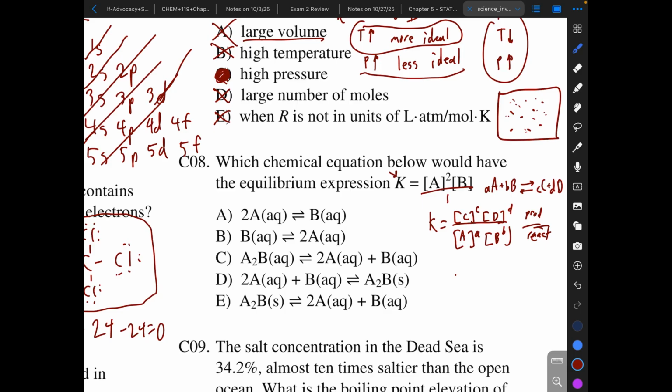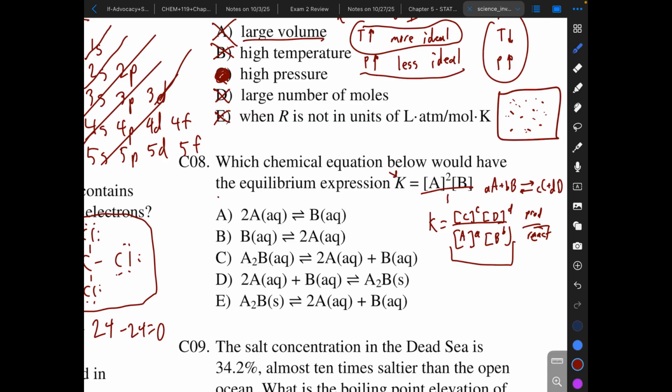For example, if compound A is a solid, it would not be involved in the expression. So how does that help us interpret equilibrium? The fact that it's divided by 1 means that all the compounds in the reactants are non-aqueous. They're all solids.